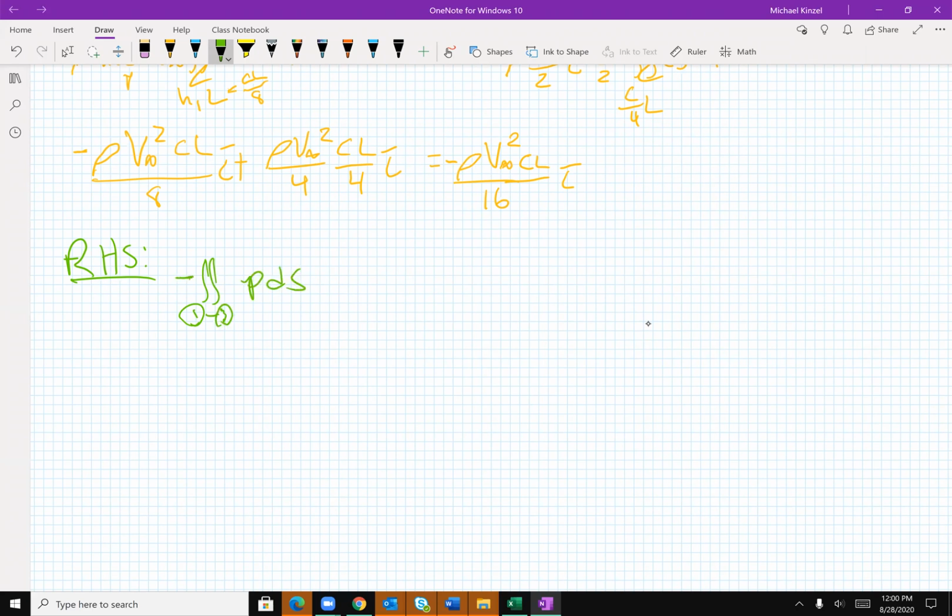Negative pressure times ds, minus surface 4 pressure times ds, plus 1 through 3 shear force on the fluid, plus surface 4, we have a shear force on the fluid.